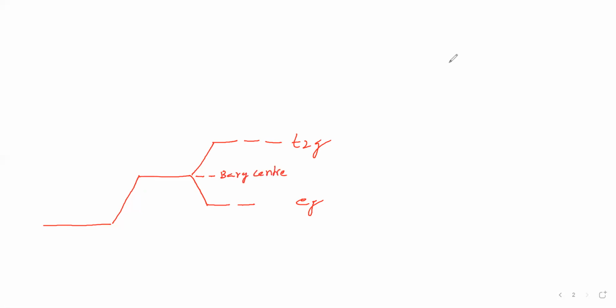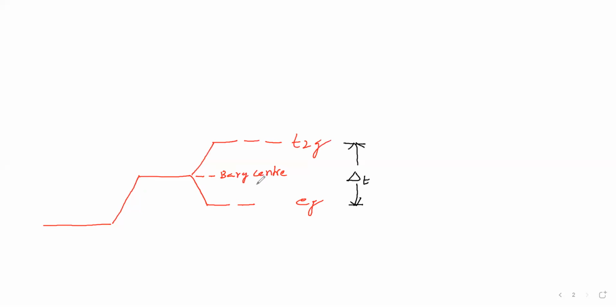Now the T2G and EG difference, the T2G set and EG set difference, is called crystal field splitting energy in the tetrahedral complex.